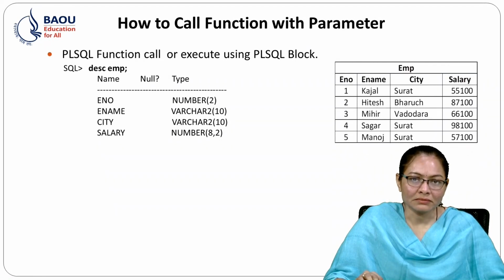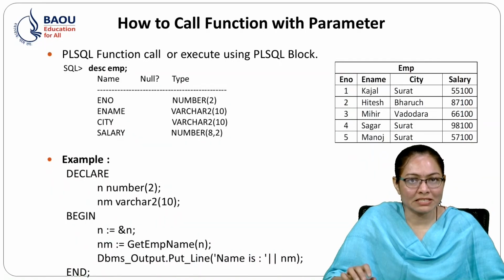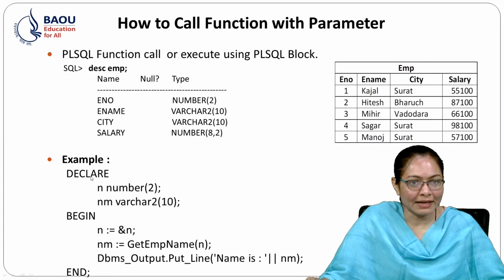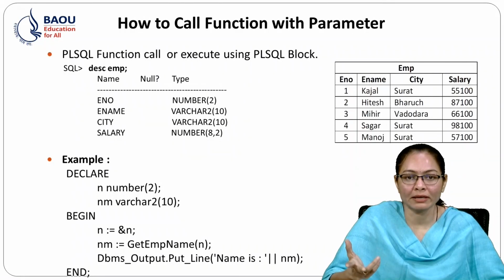Here the user enters the employee number, which is passed to the get employee name function. See, in the example we declared two variables because our function accepts the employee number and returns the employee name.